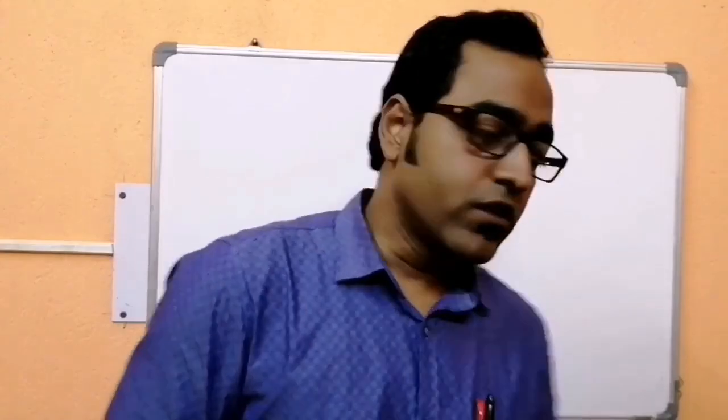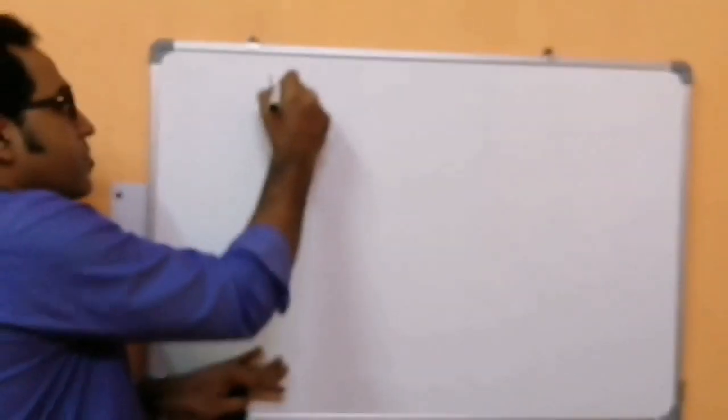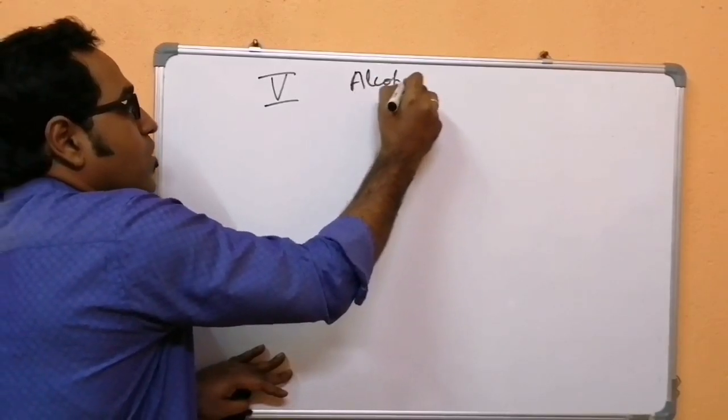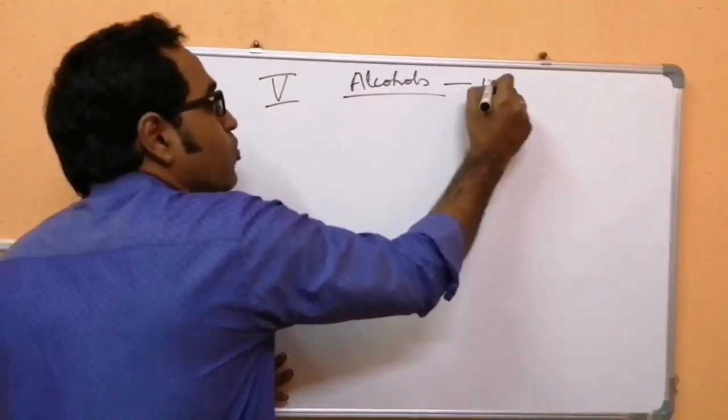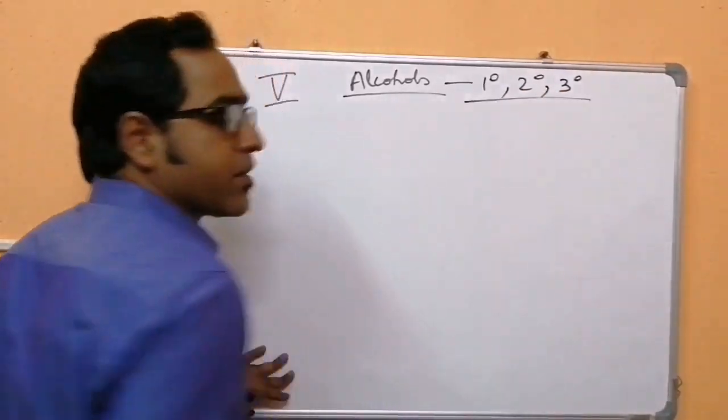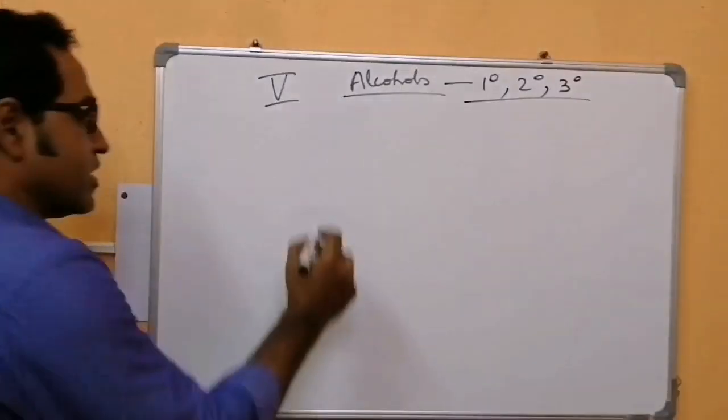The fifth type which I am going to discuss is to distinguish between primary alcohol, secondary alcohol and tertiary alcohol. So the fifth type, alcohols, whether it is 1 degree, 2 degree or 3 degree, primary, secondary or tertiary.